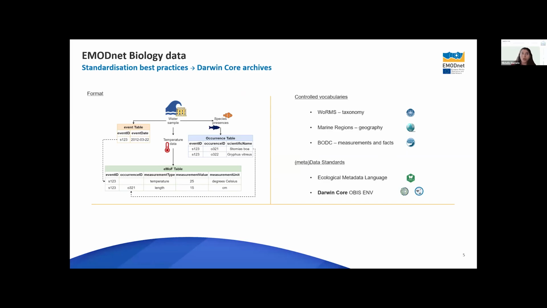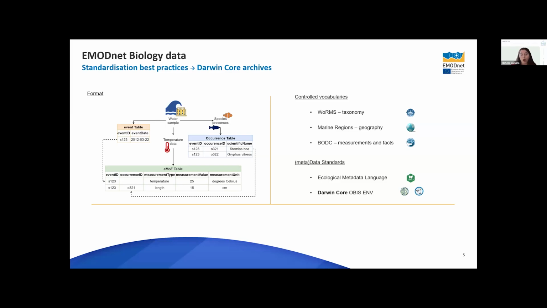For geography, we use Marine Regions, and for measurements of facts that I previously mentioned, we use the BODC or NERC vocabularies. Now, as for the metadata, we use the Ecological Metadata Language, and for the general structure of the datasets, we use the Darwin Core. At the end of the presentation, there are some guidelines on how to produce these datasets.